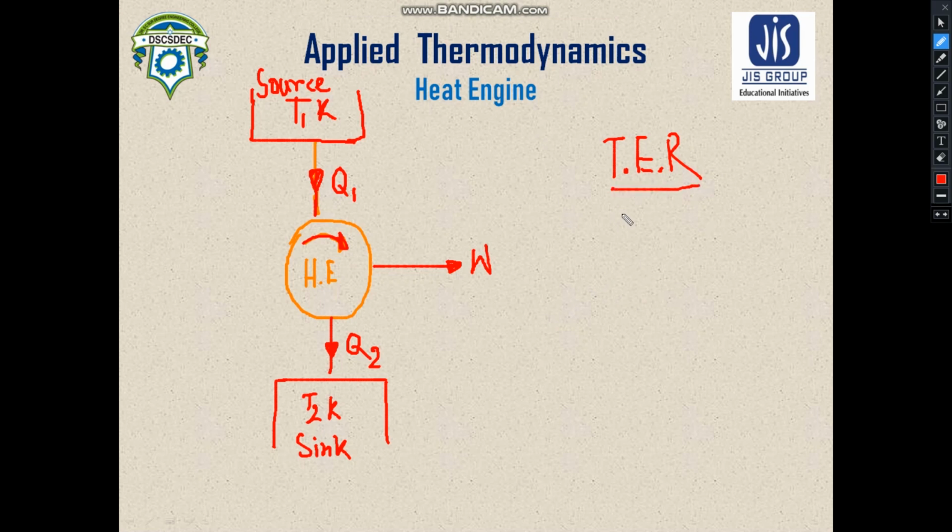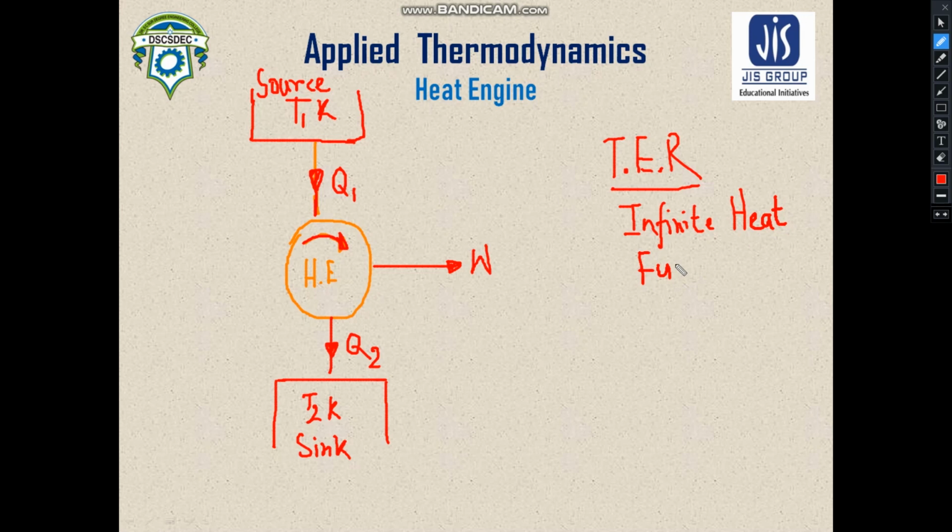They have infinite heat capacity. That means after a certain amount of heat transfer, the temperature doesn't change. It remains as it was earlier. So we can take the examples of boilers or high temperature furnaces where the temperature remains constant.